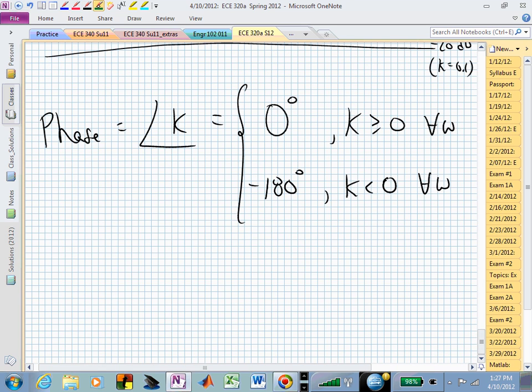Meaning now we are going to be sketching two graphs. We will have one graph that's the magnitude graph, and we'll have another graph that's the phase graph.